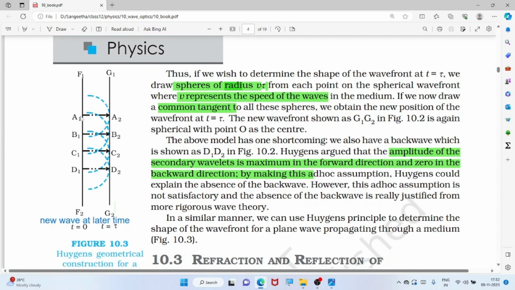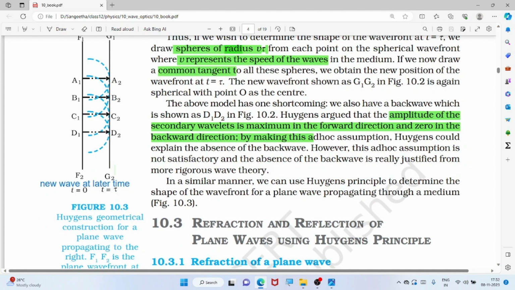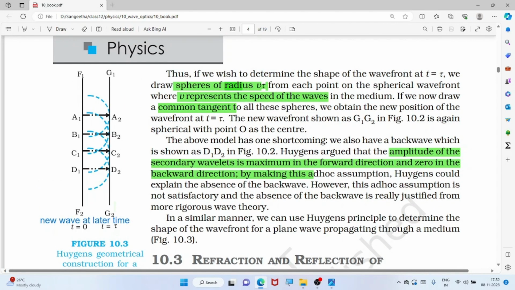That is very important. This is at t equal to 0. From the oscillation due to each wavelet, the new wave front at time t is a sphere of radius vt.